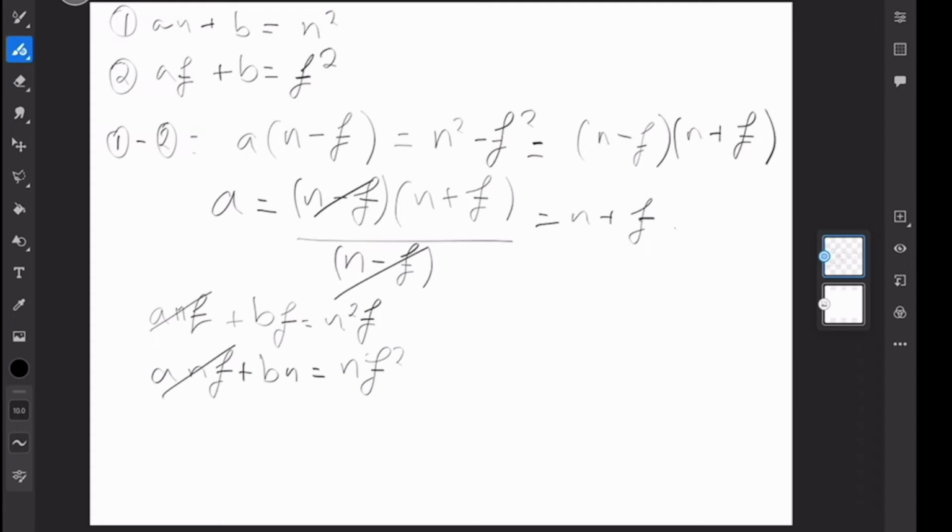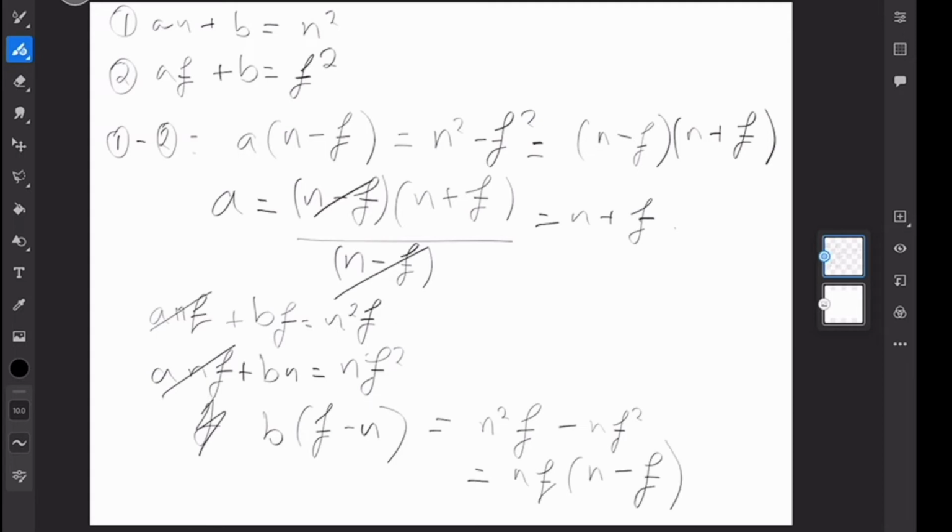We have that, which factorizes, if we take on a factor of nf, into n minus f. So then dividing on both sides, we get b is equal to, which comes out to negative nf.